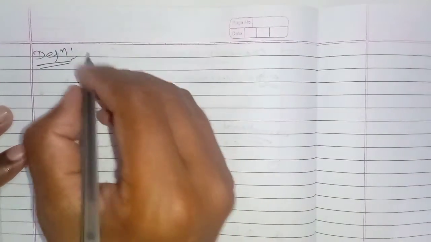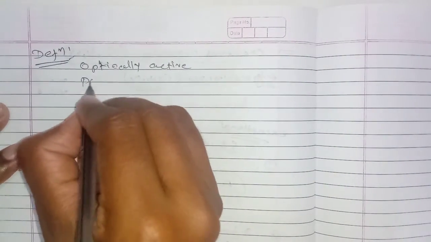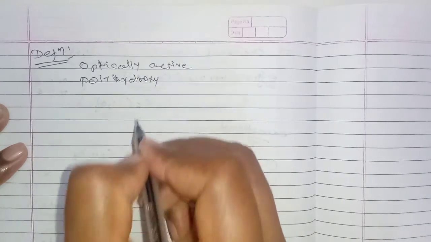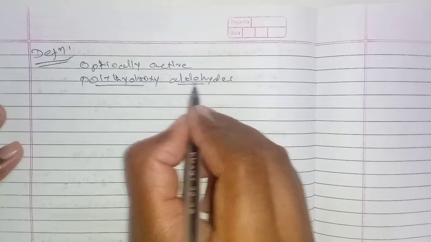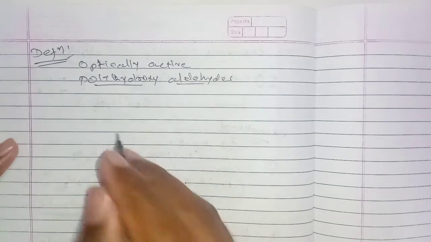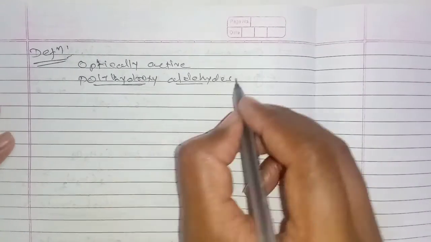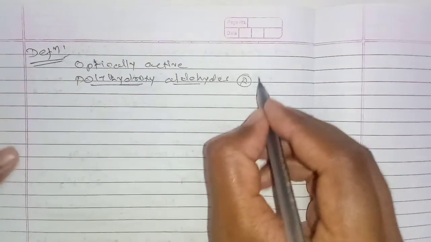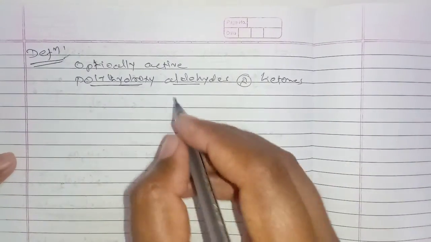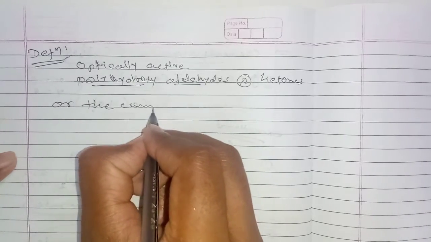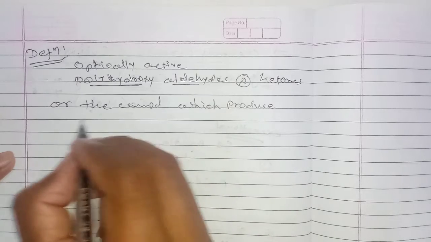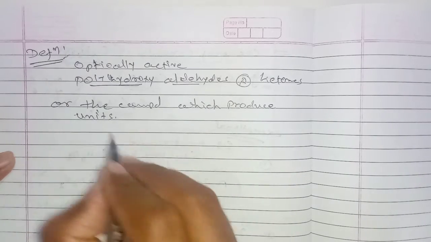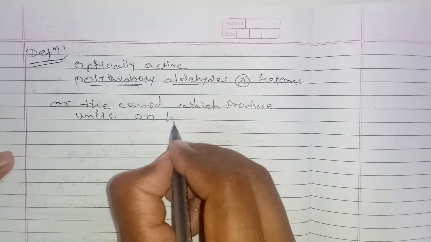Polyhydroxyaldehyde means aldehyde which contains more than one or two OH groups, or ketones, or the compounds which produce such units on hydrolysis.